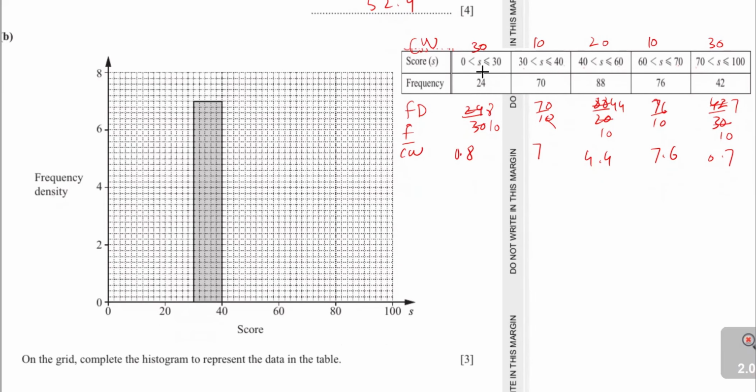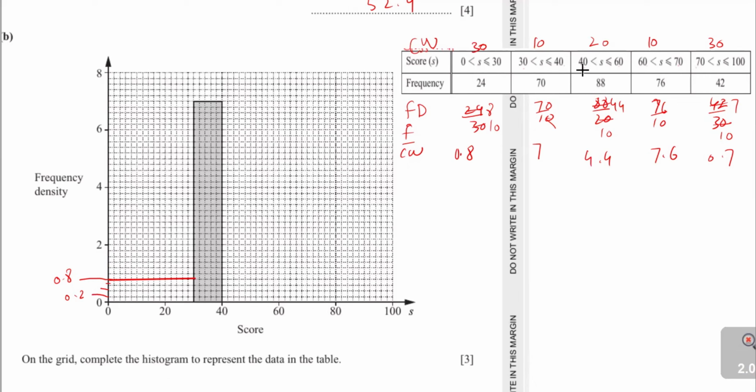The first bar here is 0 to 30, and this height is 0.8. Frequency density 0.8. Look here, each small square is equal to 0.2, and therefore 0.8 is this position. We draw the bar here for class interval 0 to 30 with frequency density 0.8. The next bar is already mentioned here.